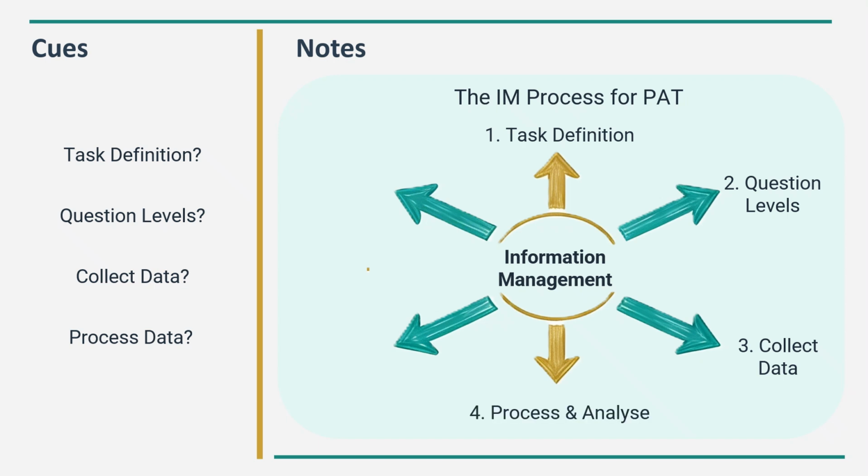Fourth, you process and analyze that data in a spreadsheet or database. Fifth, you present your findings using charts and a well-structured report. And finally, sixth, you reference all your sources properly and avoid plagiarism. Each stage builds on the one before, so it's important to follow the sequence.